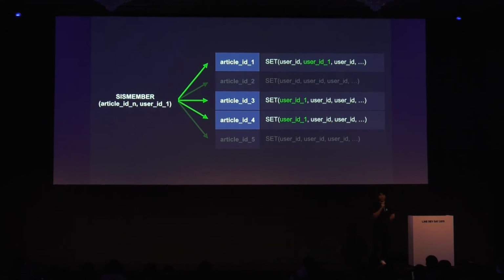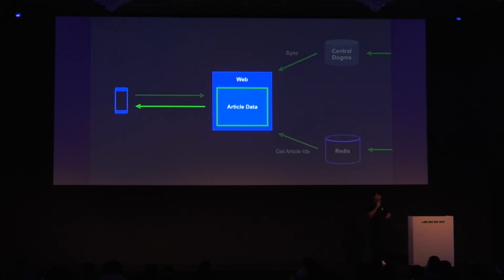Those are the article IDs, the recommendation for user ID number 1. The detailed information about the article is already stored on the server by the Central Dogma client, so it doesn't have to go through the network. Based upon that information, we mix that with the machine learning recommendation to respond to the users.